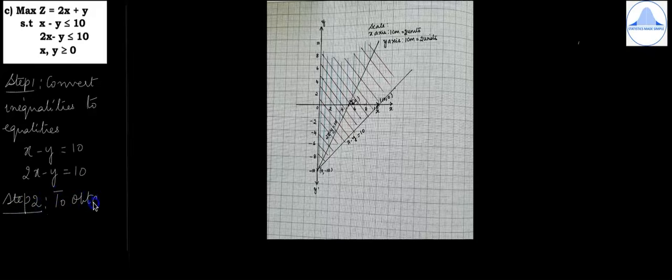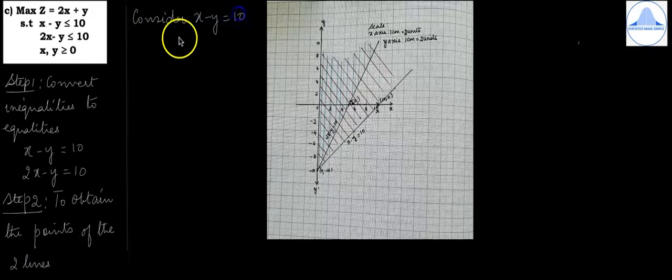To obtain the points of the two lines. Take the first equation, consider x minus y is equal to 10. First you put x equal to 0.